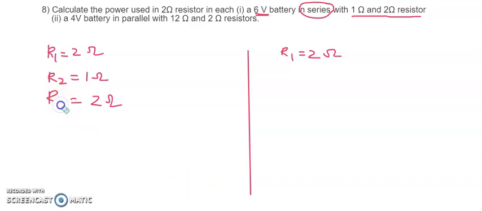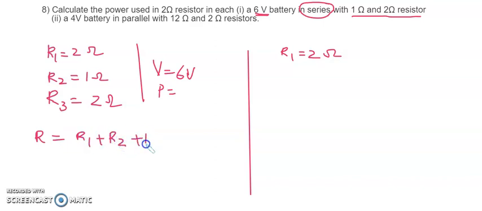The voltage given is 6 volt and we have to find the power. First I need the resultant resistance. Because it's series, I'll just keep adding all three: R1 plus R2 plus R3, which is 2 plus 1 plus 2. So total resistance is 5 ohms.